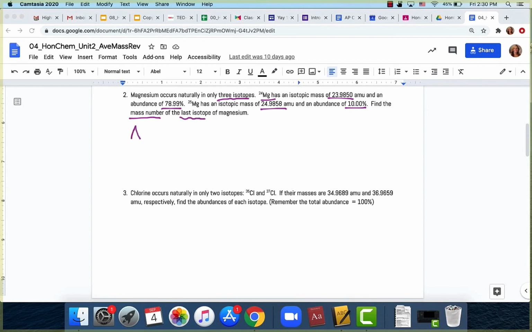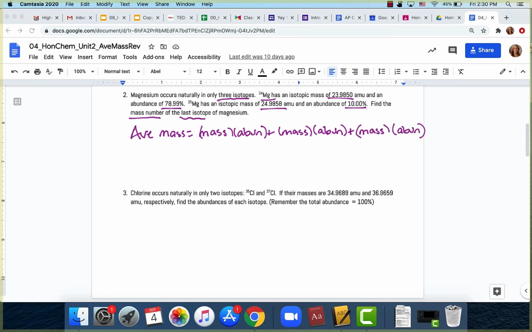So we're going to use average mass equals mass times abundance plus mass times abundance plus mass times abundance, because there's 3 of them.